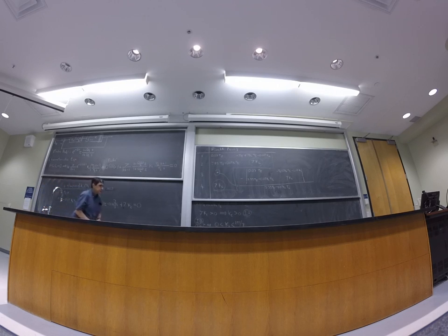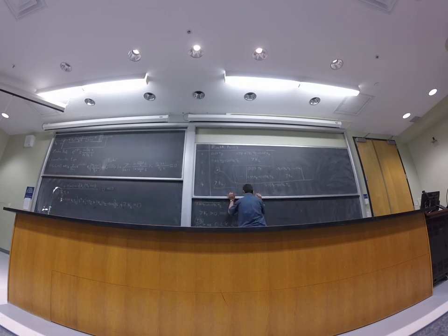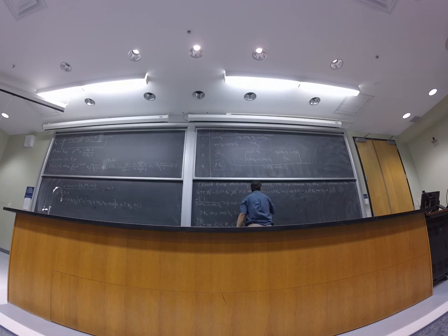So let's put this inequality 3. Actually, let me rewrite that. Since I have a minus greater than 0, I can rewrite its determinant less than 0. So let's call that inequality 3.